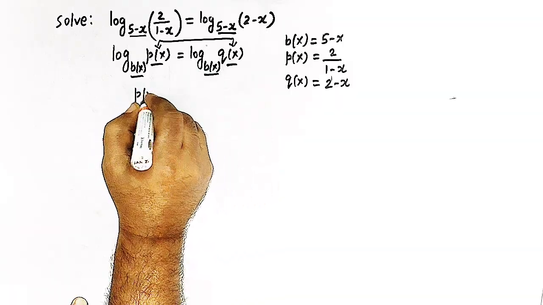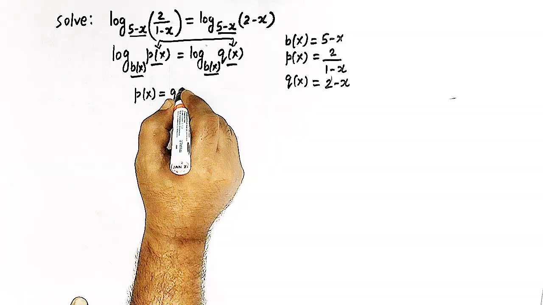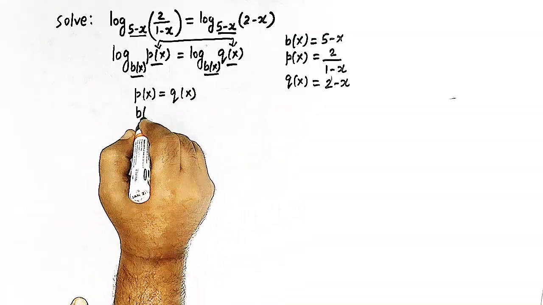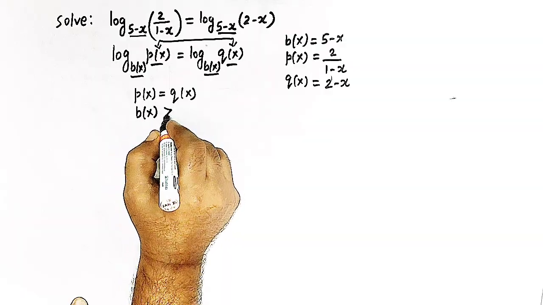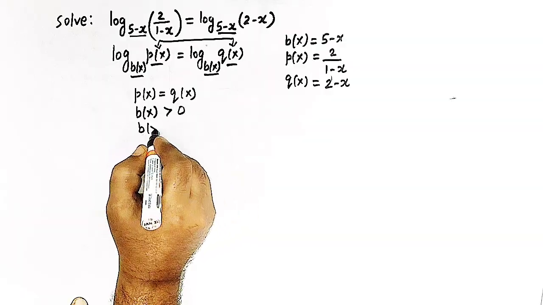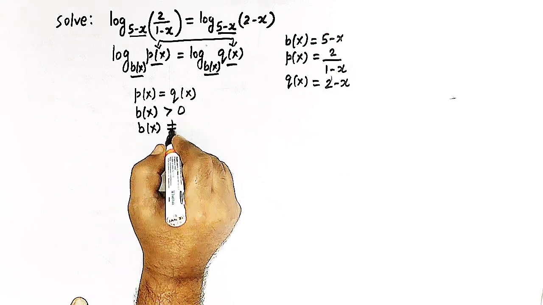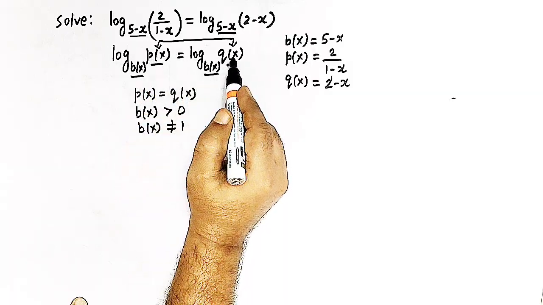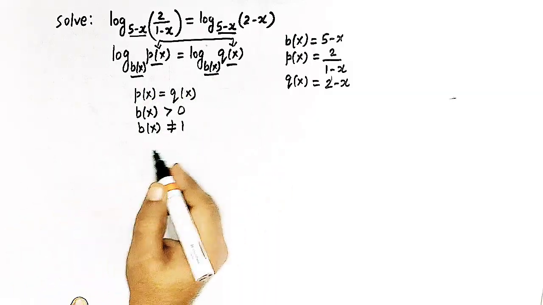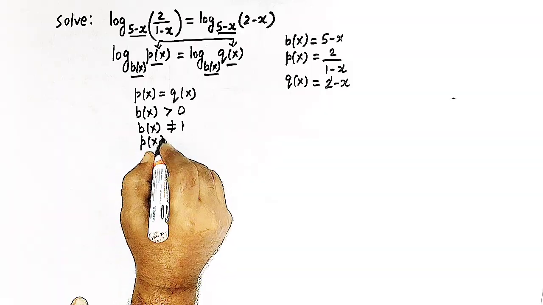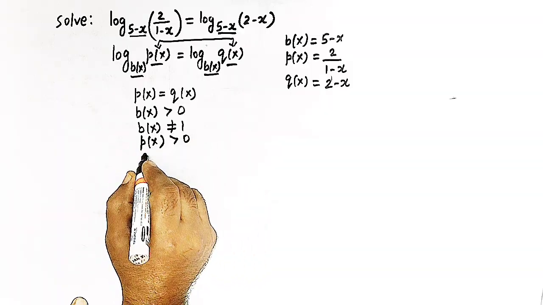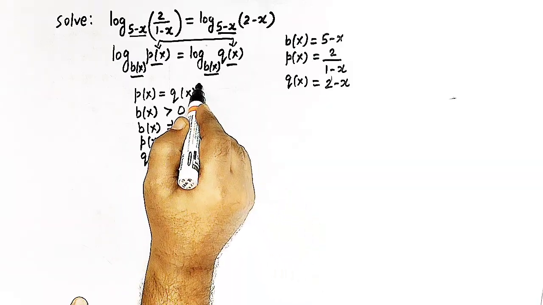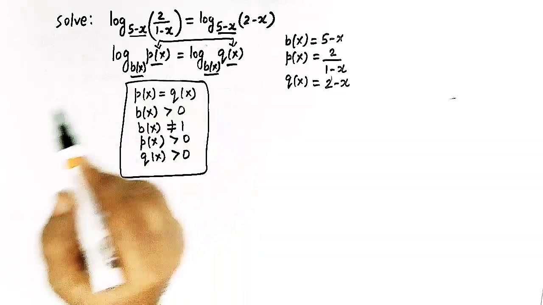So the first condition is p of x should be equal to q of x, and then we must have b of x should be greater than 0, and b of x should not be equal to 1, right? And moreover, p of x and q of x must be greater than 0. That is, we should have p of x greater than 0, and q of x greater than 0. So here we have these conditions, right?